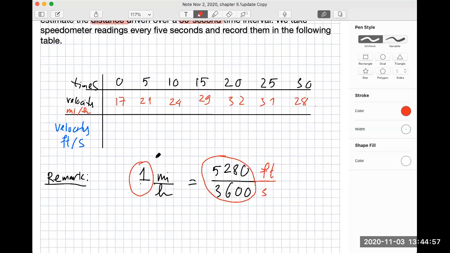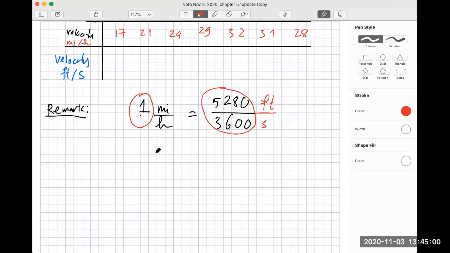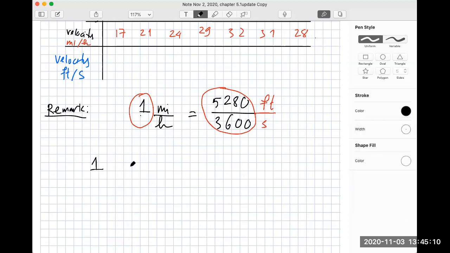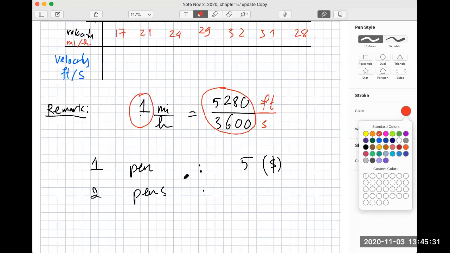The same story. Now, before doing this, if you don't remember, let us play with a small example. 1 pen costs $5. How much do we need to pay to get 2 pens? $10, right?